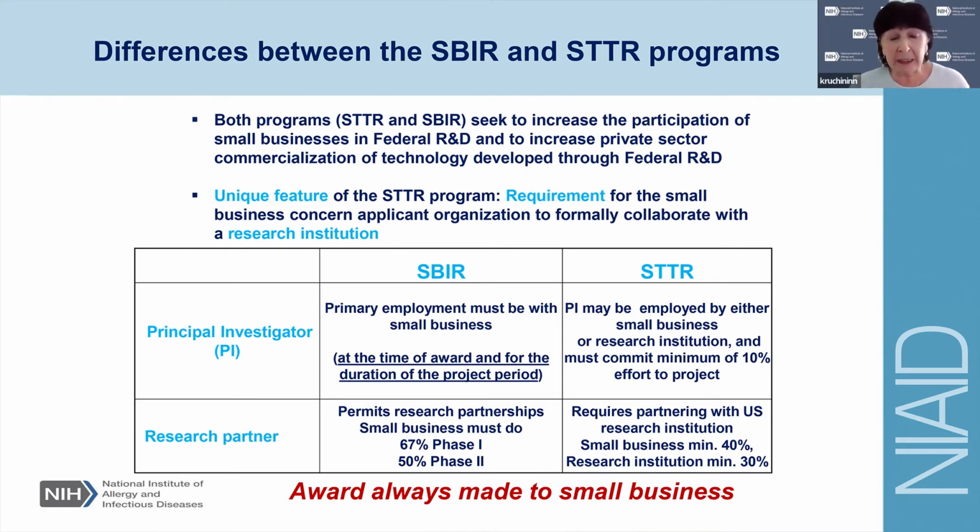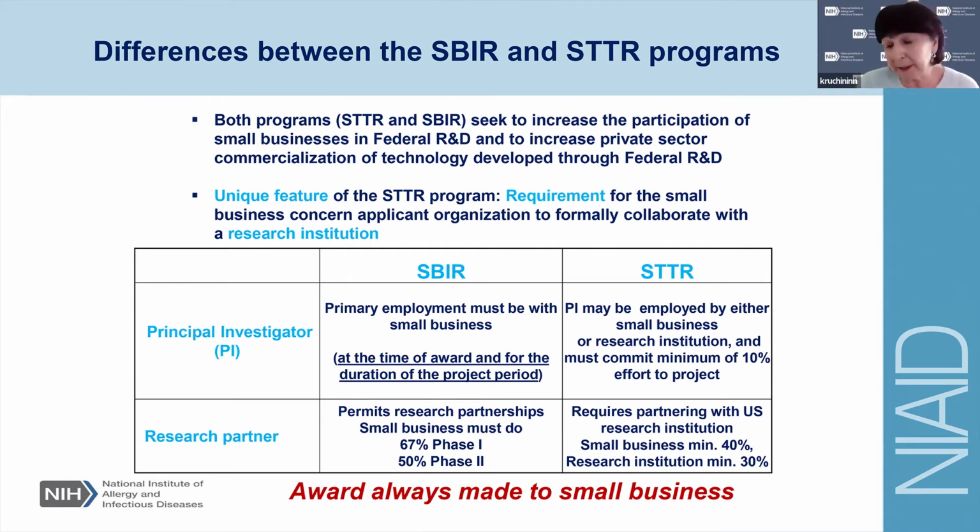Even though within NIH we treat these programs the same way, there are a few major differences between them, regarding the research partner and the principal investigator. For the research partner, for SBIR we always encourage a partnership with a research institution or university.